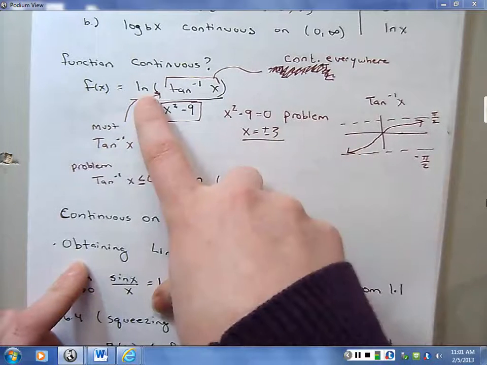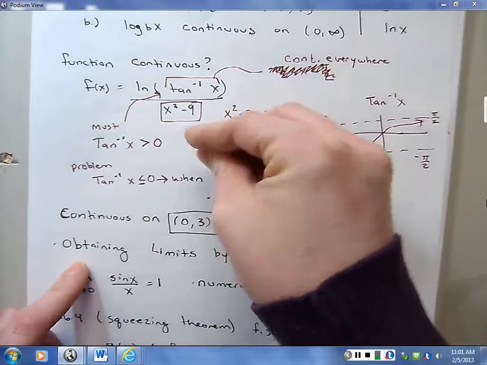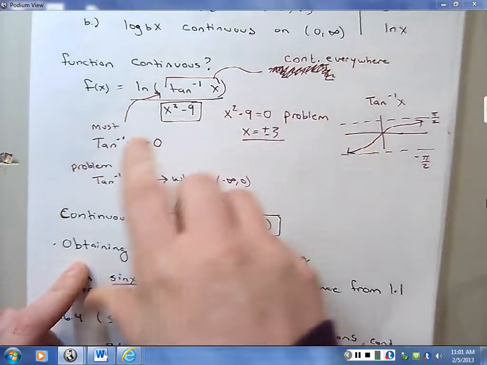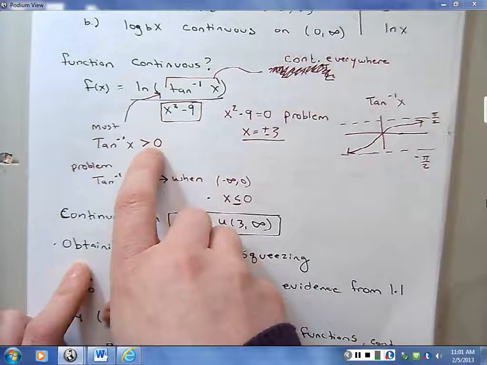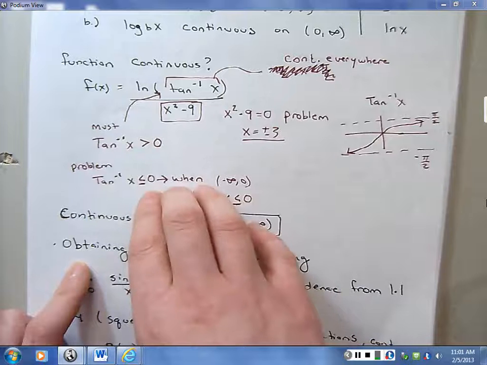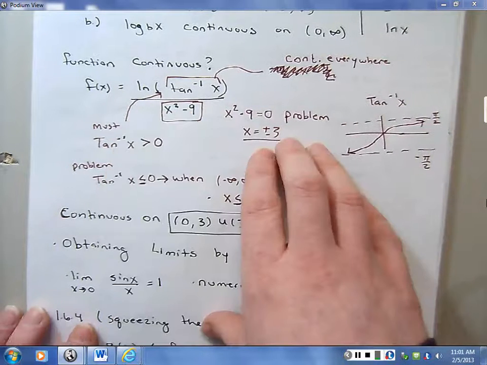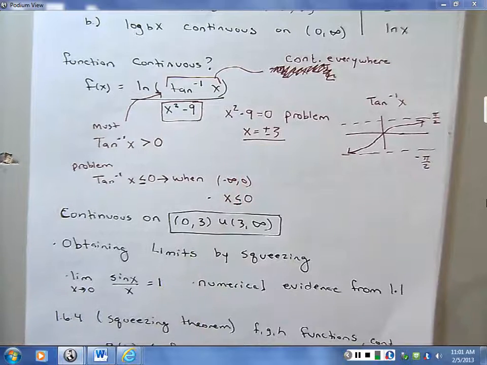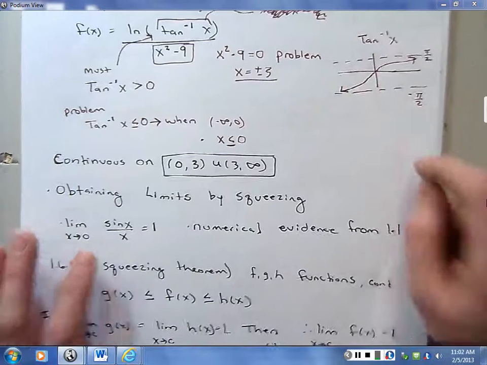The natural log function, you can only input positive numbers. You cannot even input 0. So since the numbers we're inputting come from tangent inverse of x, which must be positive, our problems occur when it's negative, which occurs from minus infinity to 0. Then our denominator had problems at plus or minus 3. So once we figured out where all of our problems were, we could verify the function is continuous everywhere else.